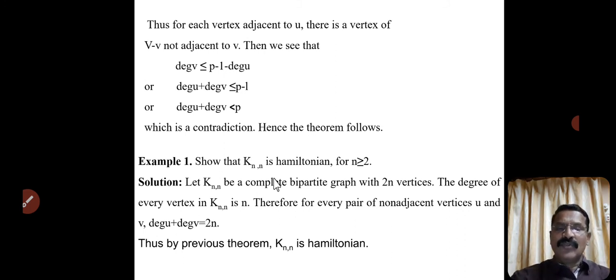So how to show this? Solution: let K(n,n) be a complete bipartite graph with 2n vertices. It's very obvious. And what would be the sum of the vertices in K(n,n)? Because V1 contains n vertices and V2 also contains n vertices, totally 2n vertices.